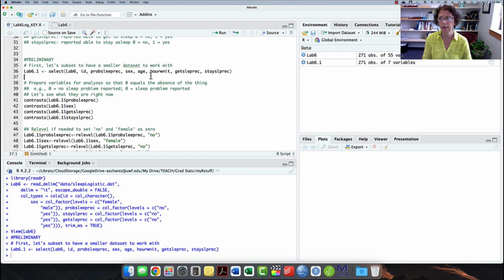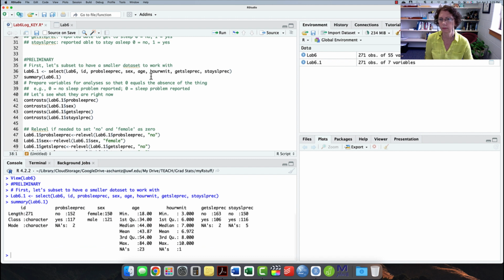Let's take a look at that. Okay, so we got the ID, we got problem sleeping, that's the outcome variable, the gender, age, hours of sleep per night, and problems getting to sleep or problems staying asleep.